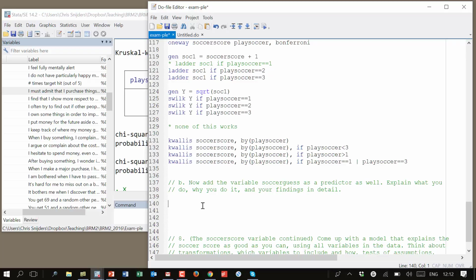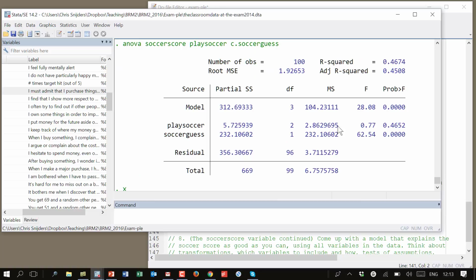Okay, so now add the variable soccer guess. So we're going to do this. So there we have it, the ANOVA table.